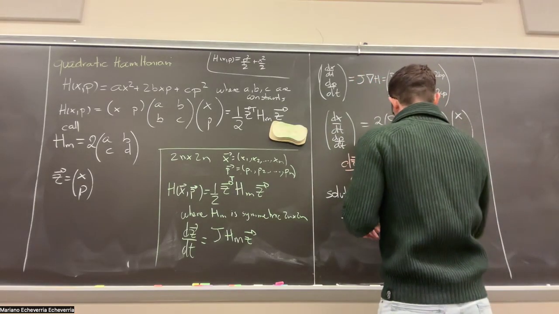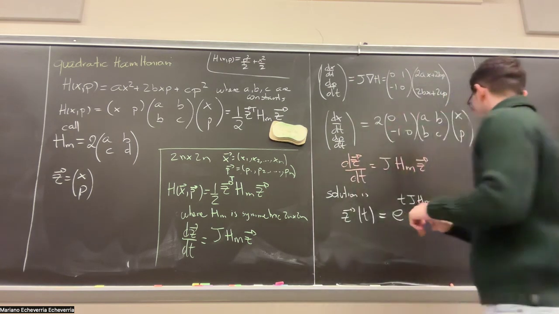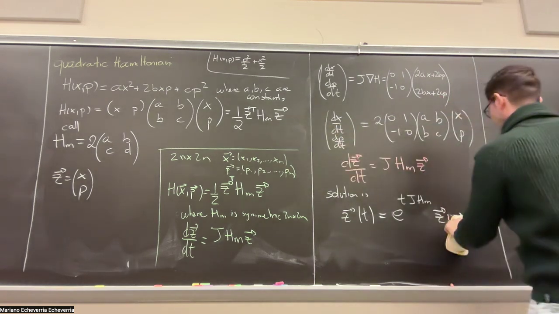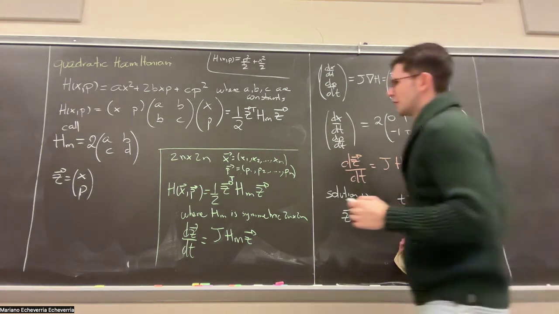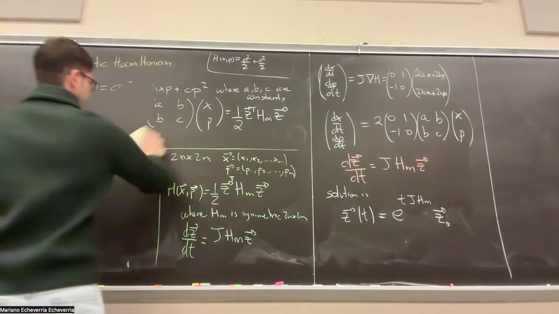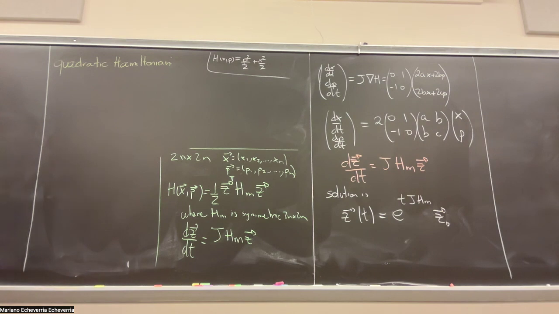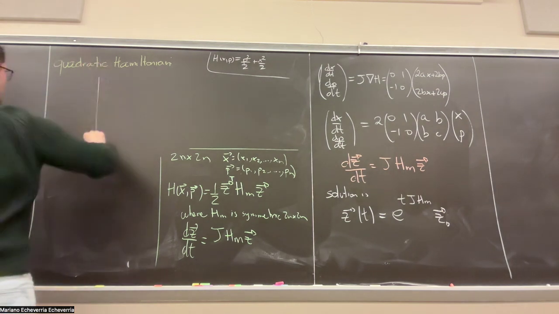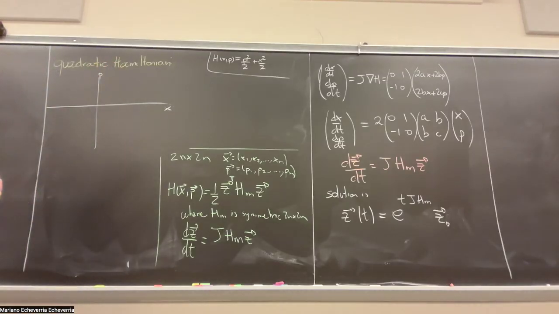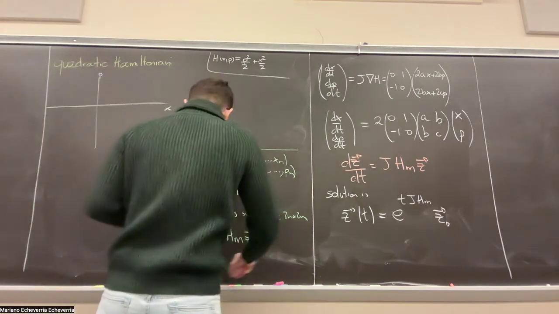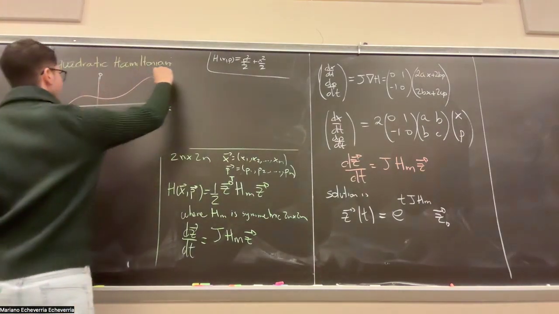e to the tJHM times the initial position and momentum. So let's put it like z naught. Okay, so maybe I should do a picture here somewhere. So what I'm saying, if you want to think about it with some picture, is that the solution to this equation, since it depends on time, is just some curve in space, right?